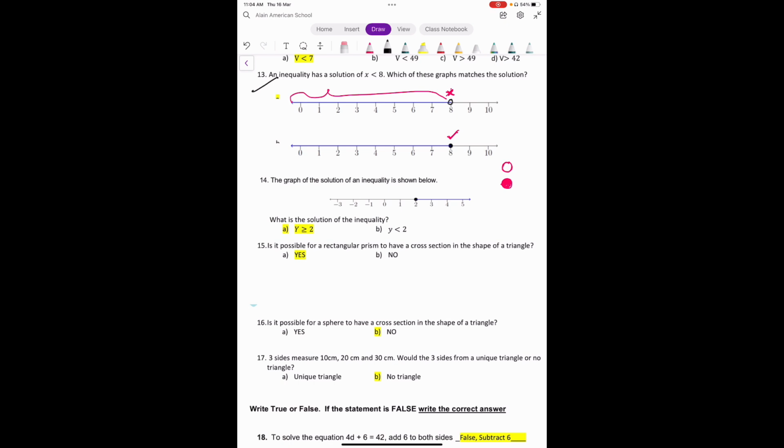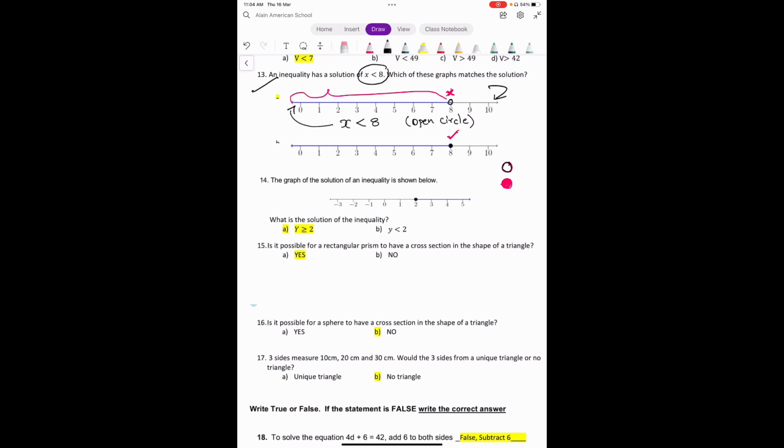So let me say any number, let me say x. X value, is it less than 8 or is it also equal to 8? It is less than 8 because I am not taking 8 here. So the way you can represent this inequality is this way, because an open circle will not be considered.